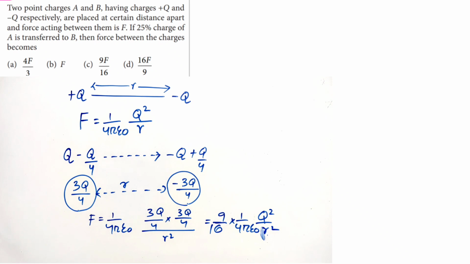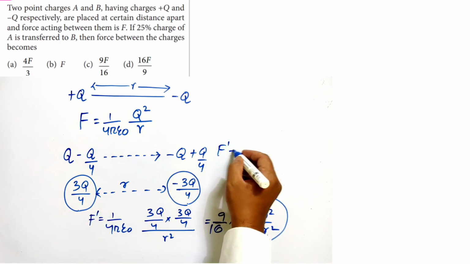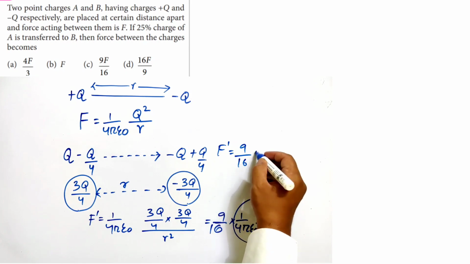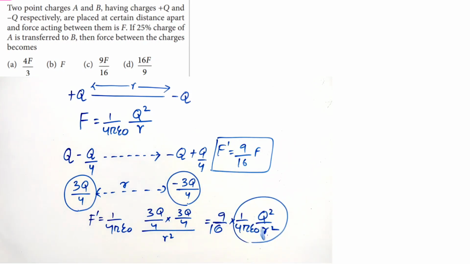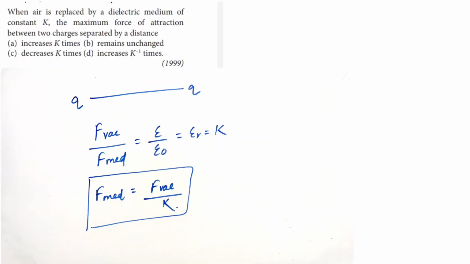Now you can see that this is the initial force. So the new force F dash equals 9 by 16 of the old force. This is the answer, and option C is correct.